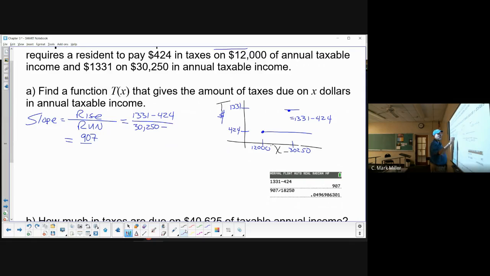Minus 12,000. That gives you 18,250. And that is approximately 0.0497. That's the slope.